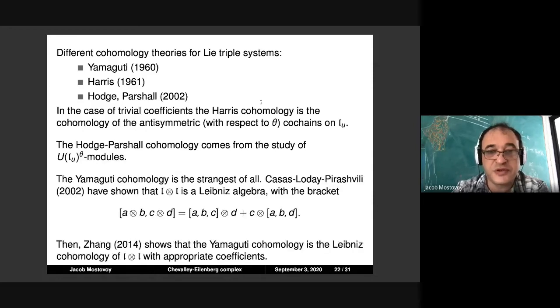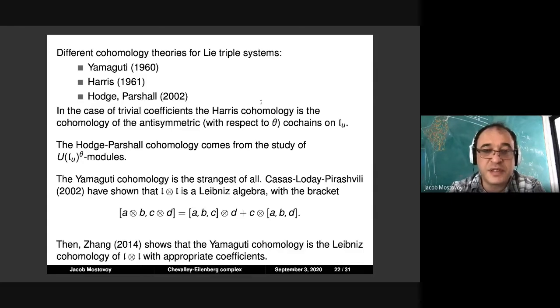So the strangest cohomology of all is probably the first of them. It's the Yamaguchi cohomology. Yamaguchi defined it in 1960, but then it turns out that it can be interpreted in terms of Leibniz cohomology. So Yamaguchi cohomology of Lie triple systems is probably the first appearance of Leibniz cohomology ever.